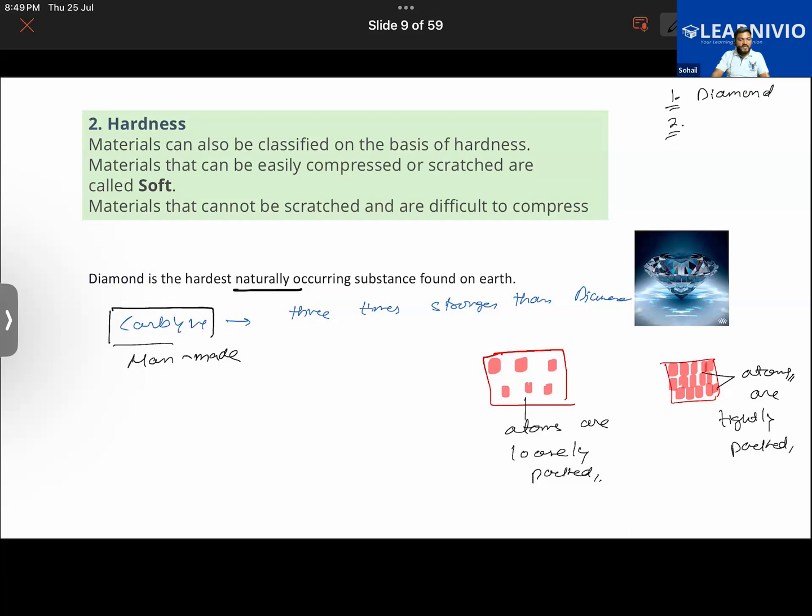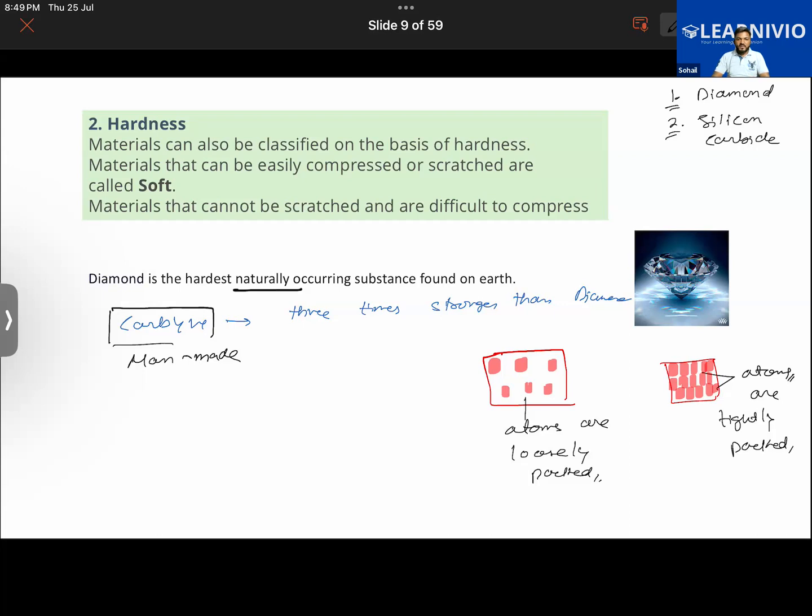But after diamond, the next hardest is silicon carbide. What about silicon? Silicon itself is not a hard substance. It is a different thing.